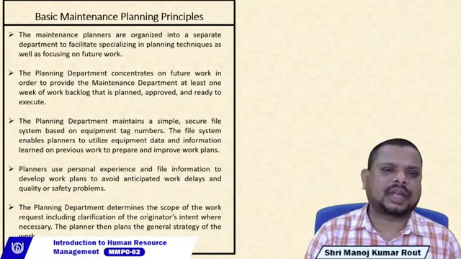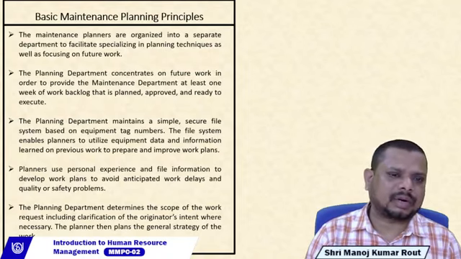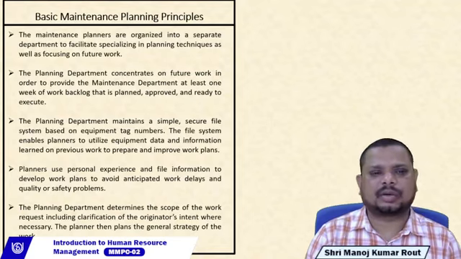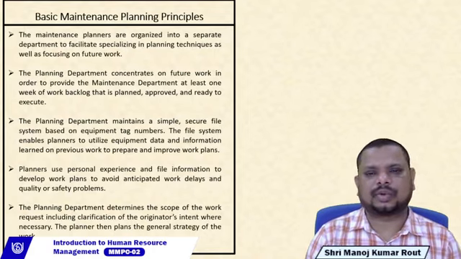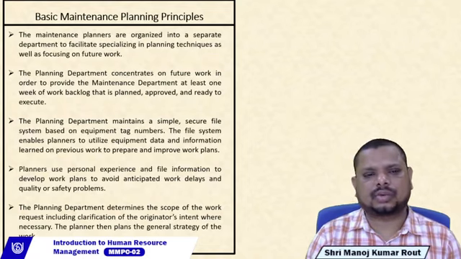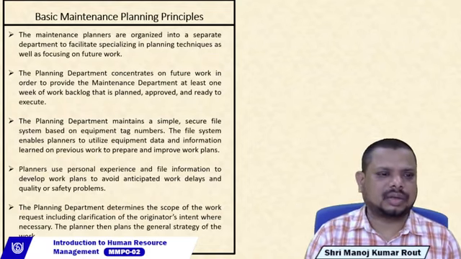For example, a mechanical maintenance planning department, a civil planning department, or an electrical planning department facilitate various specializations in planning techniques. And these are basically focused upon the future work of maintenance for specialized departments.